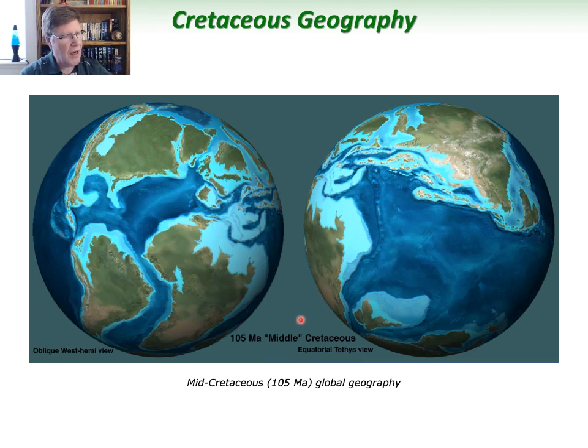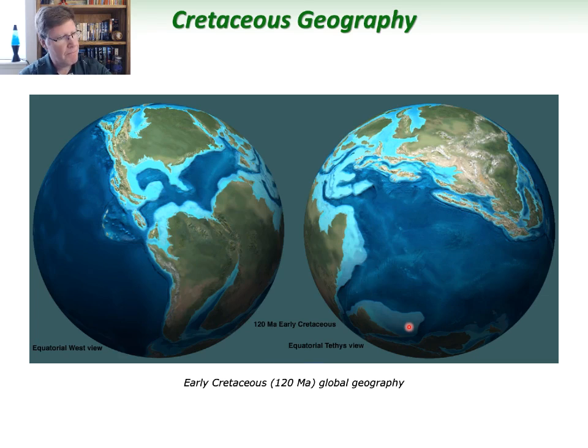As we move forward in time to about 105, broad Cratonic Sea, North America, Gulf of Mexico, not a whole lot changed there, but in the south, we do have a completed rifting event separating South America from Africa. So a very narrow seaway, around 105 million. In the eastern hemisphere, Tethys is still there. So let's play it back a little bit.